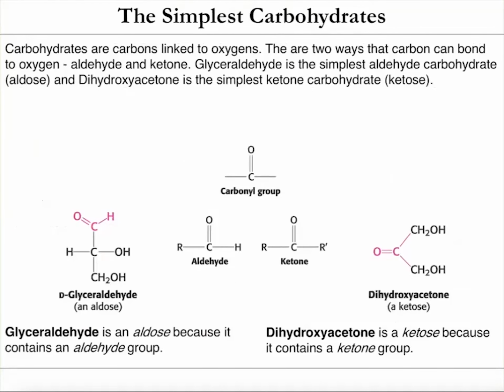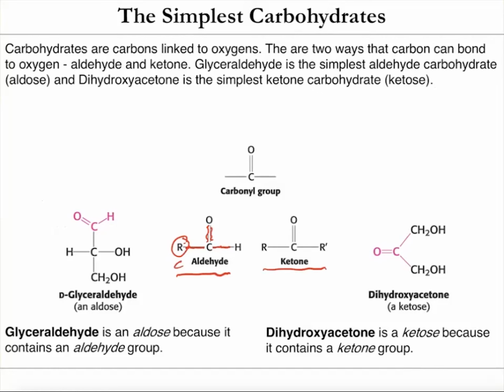As I said, carbohydrates are basically just carbons linked to oxygens. There are really 2 ways that carbon can bond to oxygen to form these carbohydrates: you can have aldehydes or ketones. Aldehydes are carbons that are double bonded to oxygen, then bonded to another group, which we just call an R group, which is usually another carbon or an oxygen, and then it's bound to a hydrogen.